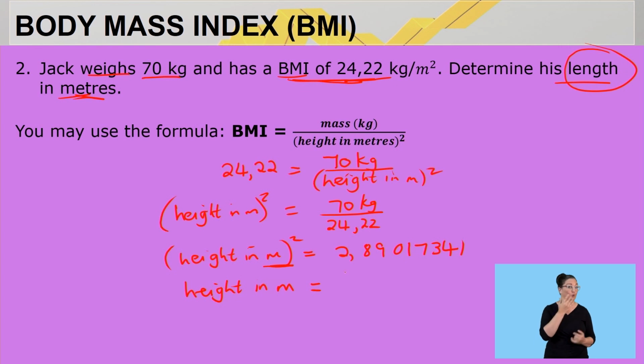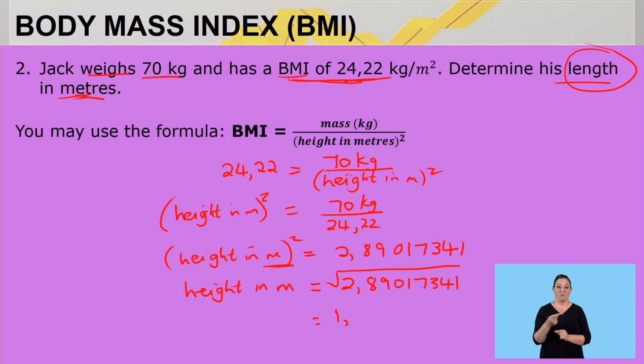As soon as I do that, do the inverse here. So I'm going to determine the square root of 2,89017341. After I determine the square root, I'll get an answer of 1, and I'm going to round off to 2 decimal places, 70. And remember, I can indicate there that's 1,70 meters.